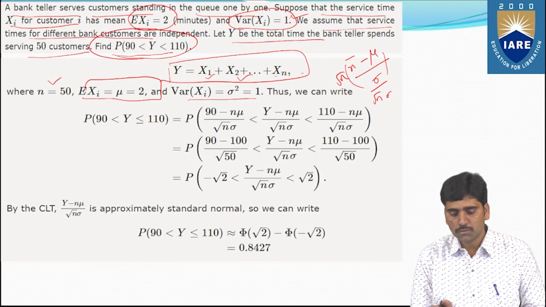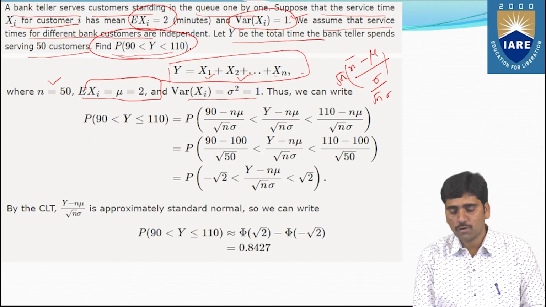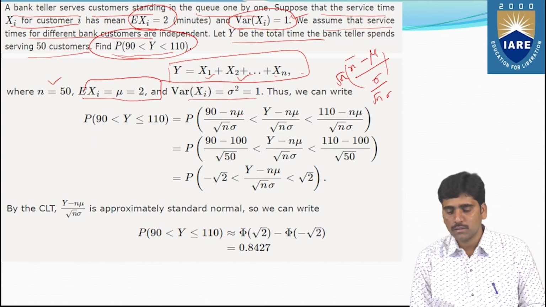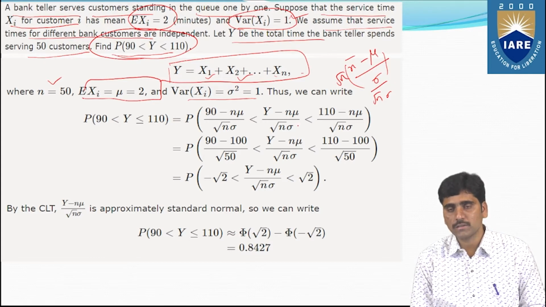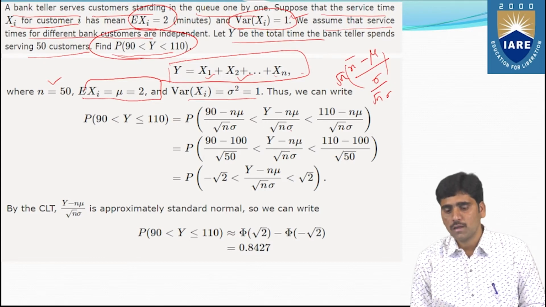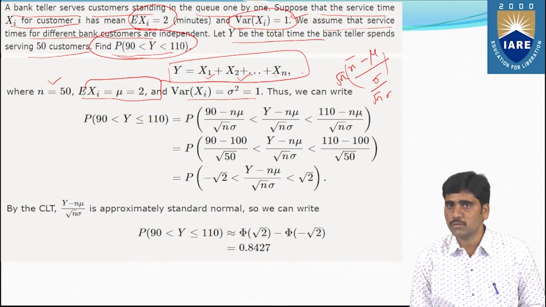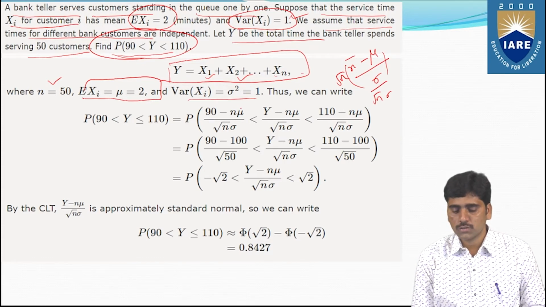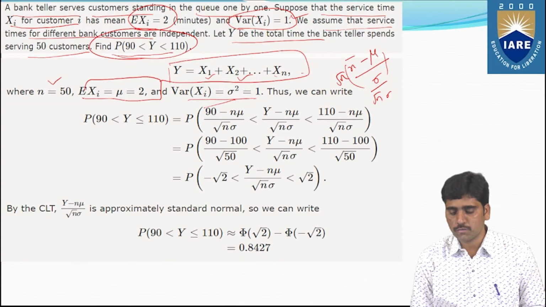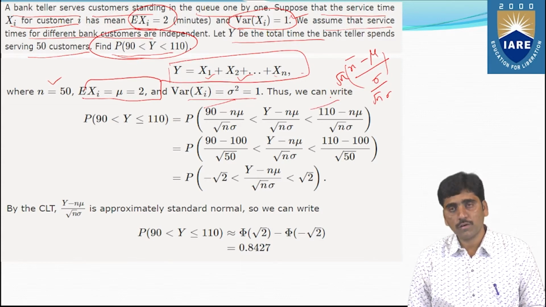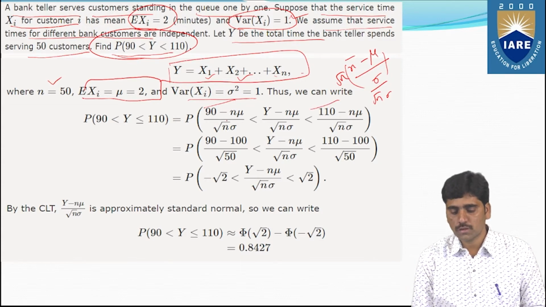So we find P of (90 minus n mu) by (root n sigma) less than (Y minus n mu) by (root n sigma) less than (110 minus n mu) by (root n sigma). Now substitute all these values: 90 minus n, which is 50, into mu, which is what?